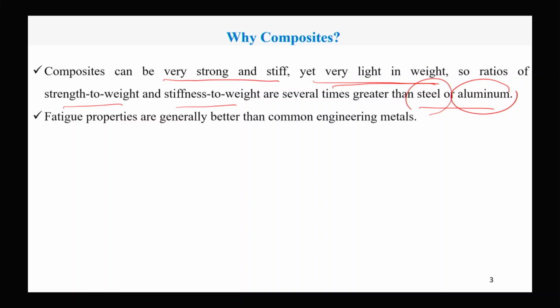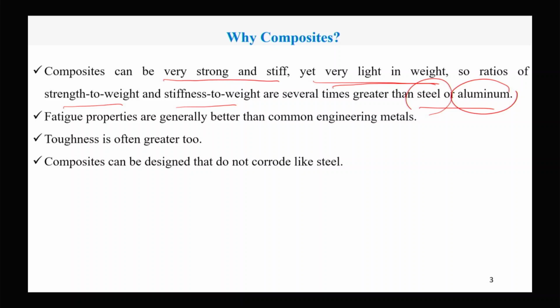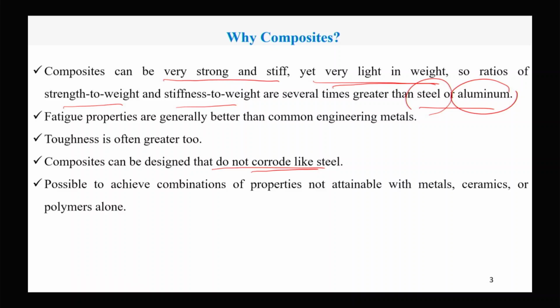Fatigue properties are generally better than the common engineering materials. Toughness is often greater. Composite can be designed that do not corrode like steel, so that we can design a composite which is not affected by environment. It's possible to achieve combination of properties not attainable with metal.